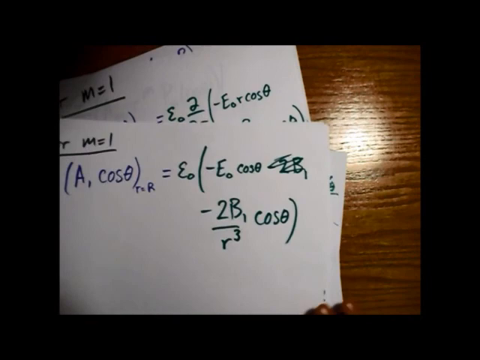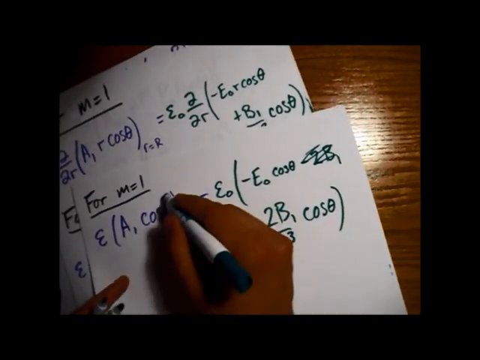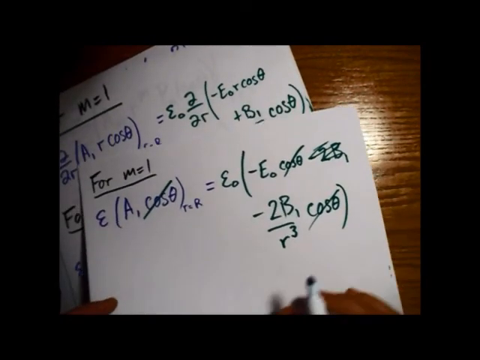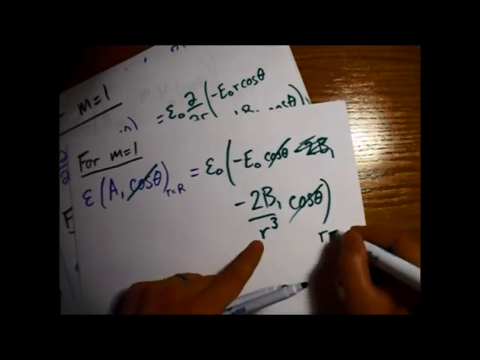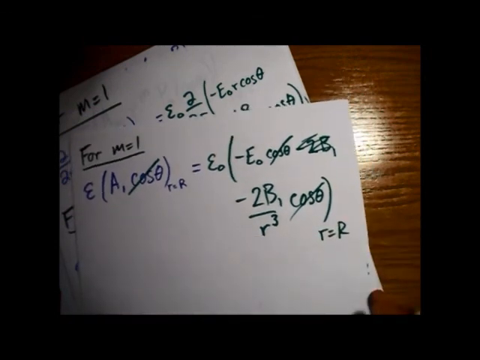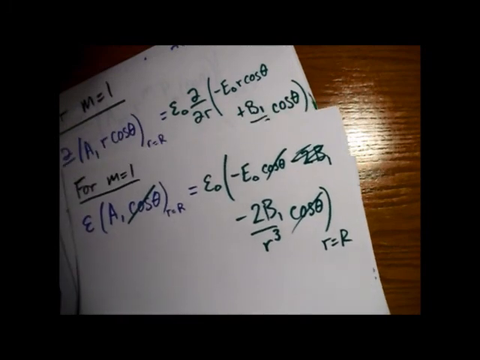All right, and our cosines can all divide out, so that's great. And again, this R here, this is all evaluated at little r equals big R.